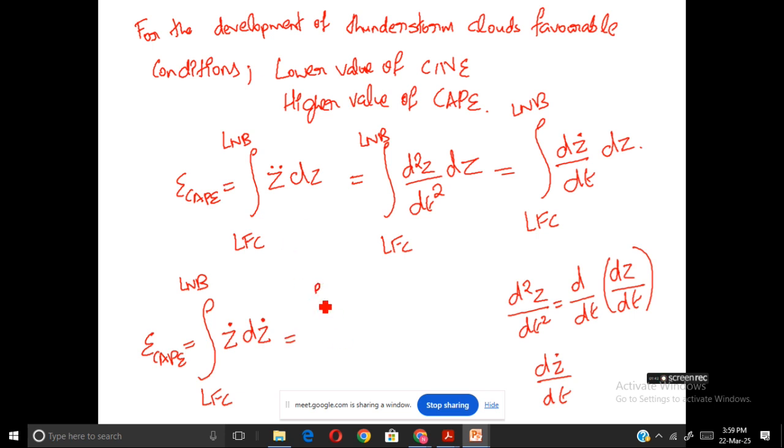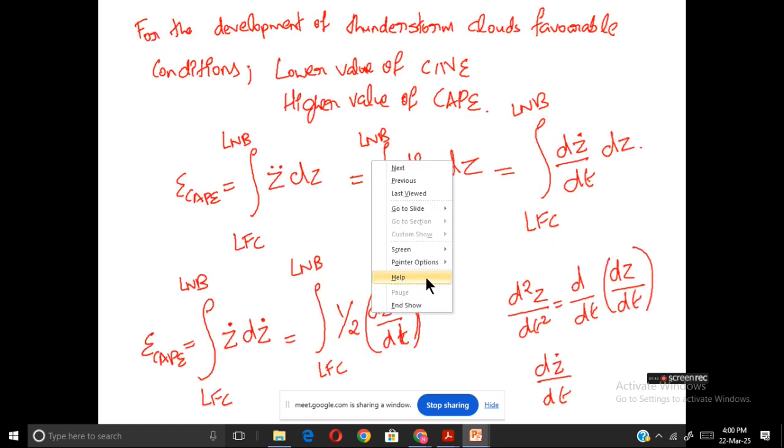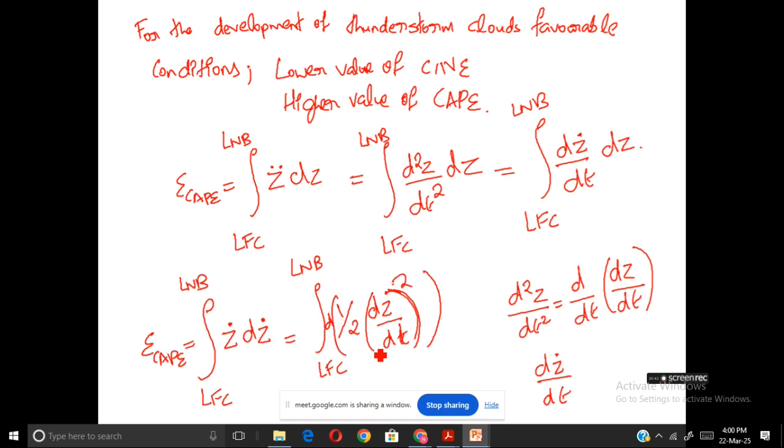Finally, we will get it in the form of the integral from LFC to LNB of d of half into dz by dt the whole square.